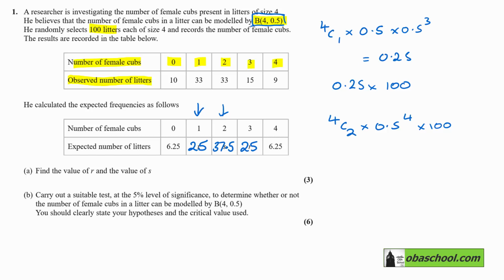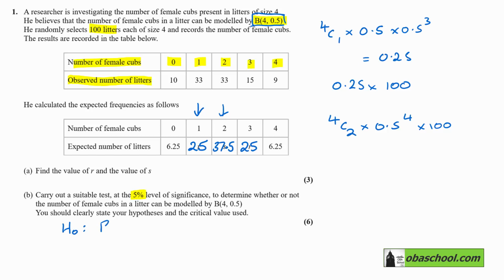We're now asked to carry out a suitable test at the 5% level of significance to determine whether or not the number of female cubs in a litter can be modelled by a binomial for 0.5. You should stipulate your hypotheses and the critical value used. Well, let's put down our null hypothesis.